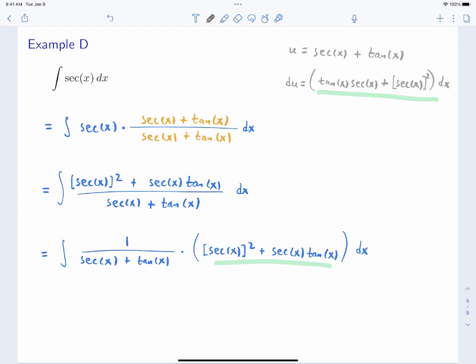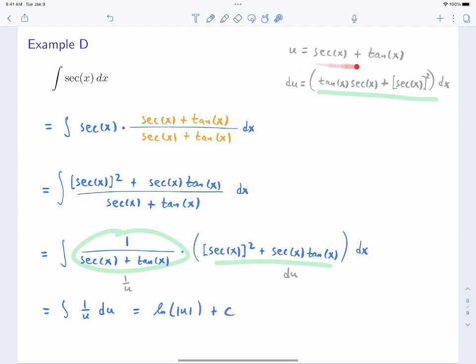Okay, so what do we have? This term right here, all of that together, is 1 over u, and all the rest of it is du. So that gives us the integral of 1 over u du, which of course is ln of the absolute value of u plus a constant.